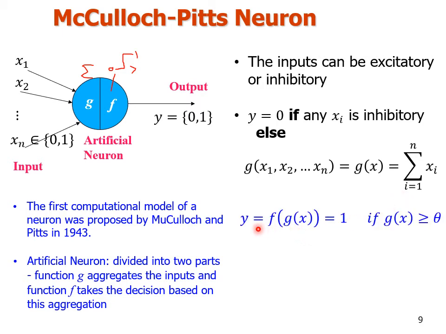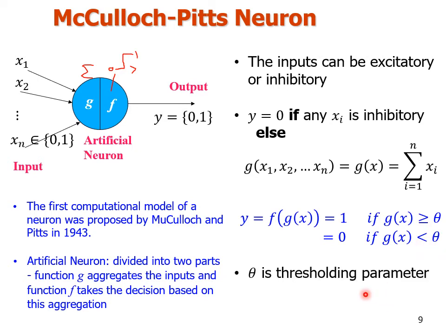So y is equal to f of g of x, and it is equal to 1 if g of x is greater than or equal to theta. It is equal to 0 if g of x is less than theta. Here theta is the thresholding parameter, and this is called the thresholding logic.